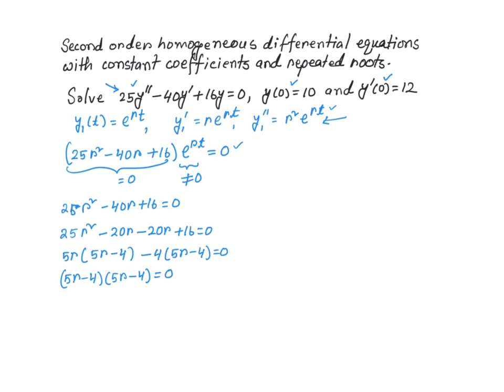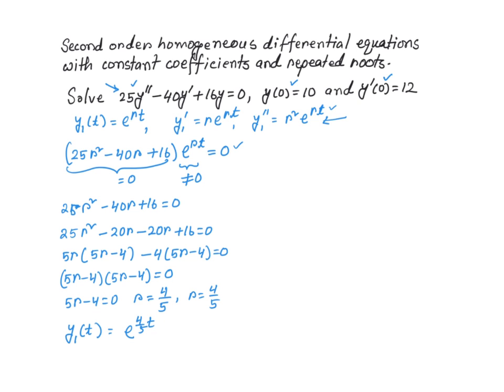So if I solve for r, 5r minus 4 is equal to 0, that implies that r is equal to 4 over 5. And we have this root repeated, r is equal to 4 over 5. So what is my y1(t)? My y1(t) is going to be e^(4/5 t).